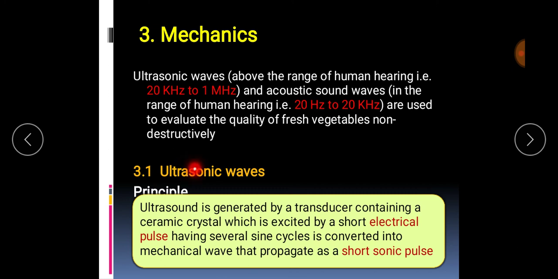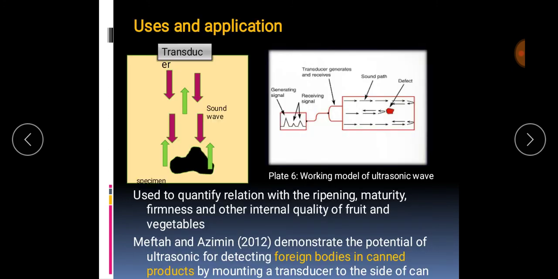See, ultrasonic waves. What is the principle? Ultrasound is generated by a transducer containing a ceramic crystal which is excited by a short electrical pulse having several sine cycles, and is converted into mechanical waves that propagate as a short sonic pulse.